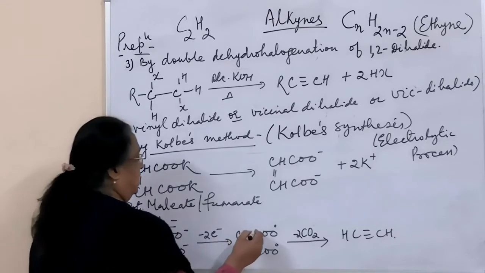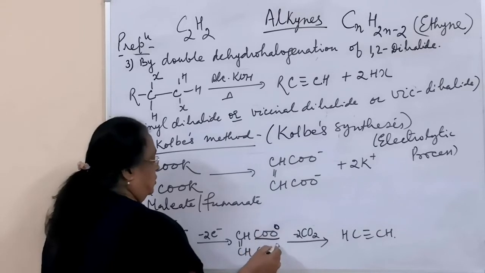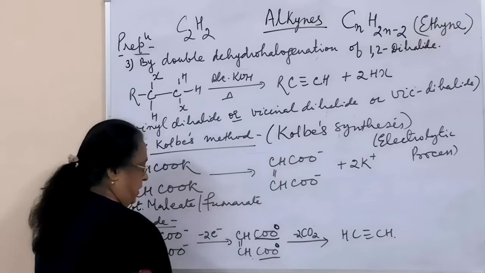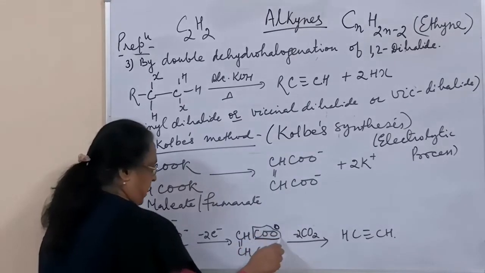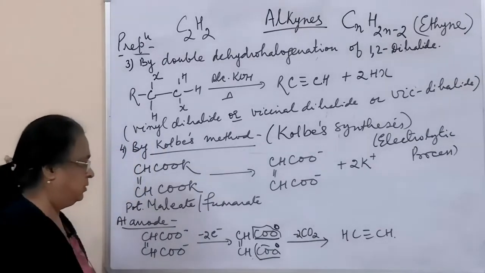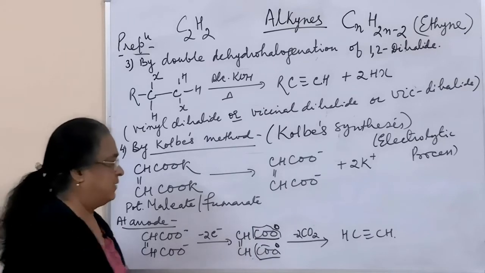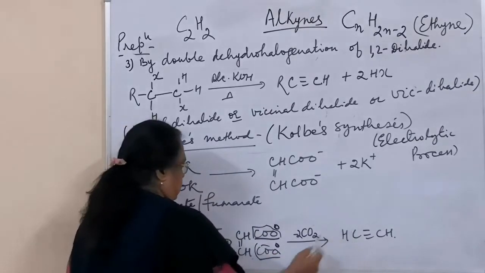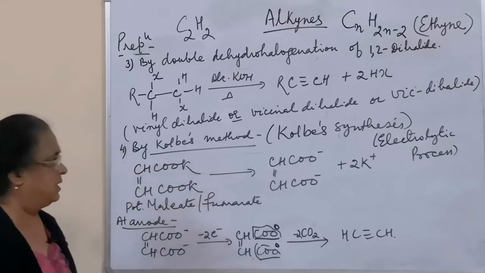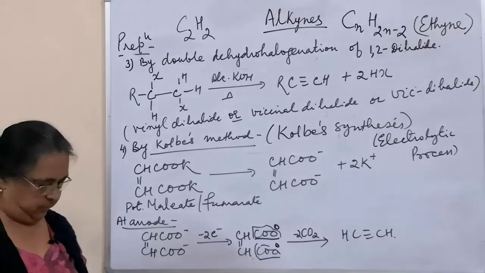As you studied earlier, carbon with 2 free oxygens is not stable, so carbon dioxide will be released automatically. 2 moles of carbon dioxide will come out, and we will have CH, CH. To balance the valency, one more bond will be established between the 2 adjacent carbons, and hence acetylene will be formed.